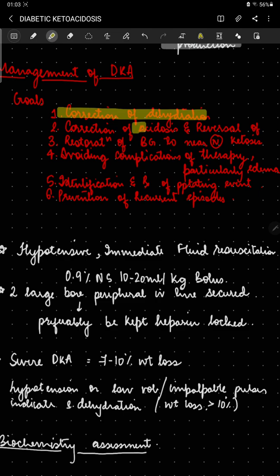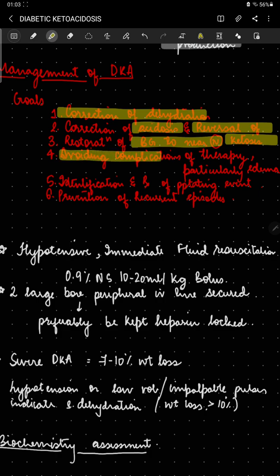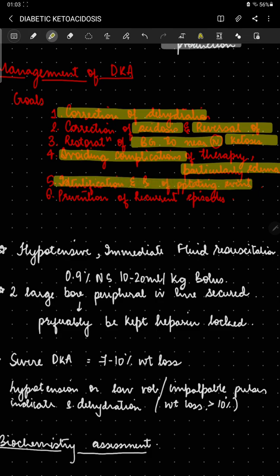Then we have to correct the acidosis and reverse the ketosis. We have to restore the blood glucose to near normal. We have to avoid any sort of complication of the therapy, particularly cerebral edema. Also, identify and treat the precipitating event that has caused this DKA episode. And lastly, prevent recurrent episodes. Okay.